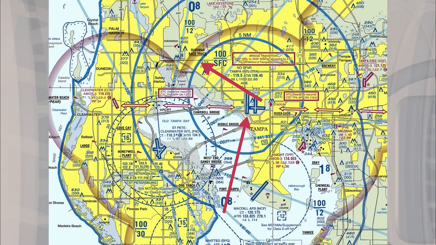Now, on the other side of that class Bravo circle, you notice it's not really a circle. First of all, it's offset to the northwest a little bit. So even if there wasn't this flat side on the southeast side of that class Bravo, the whole circle has been shifted up and to the west. But on the opposite side, the southeast side, you see there's a flat side of it.